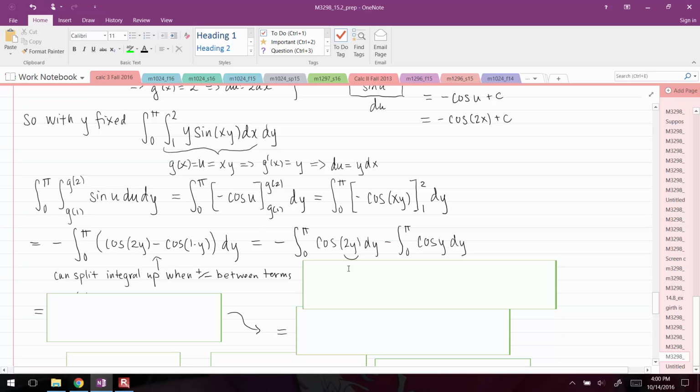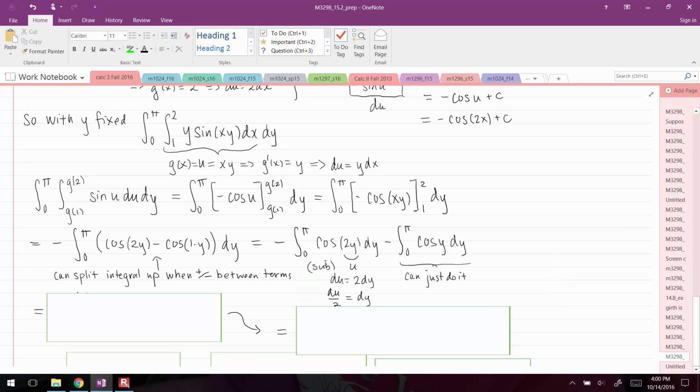Okay, so anyway, looking at the first integral, notice it's a composite function, so you do need to do substitution. Once you get good at this, you don't actually show the steps, but we're starting out, so I'm going to show all the steps. My u is equal to 2y. That means the derivative of 2y is 2, and my du is equal to 2 dy.